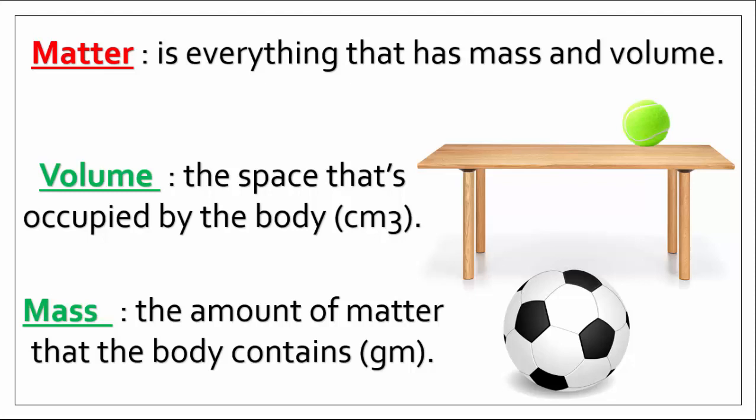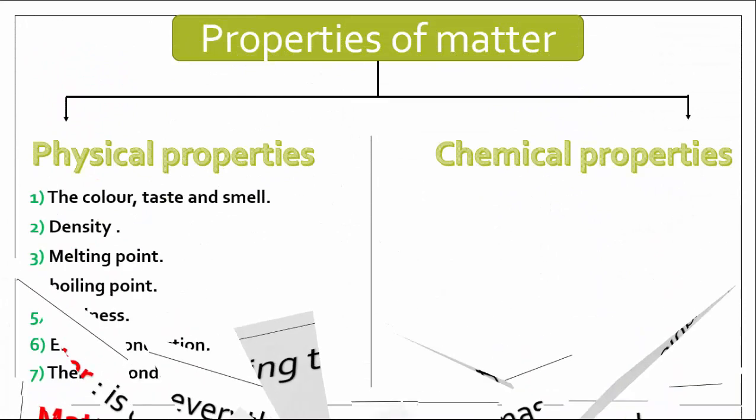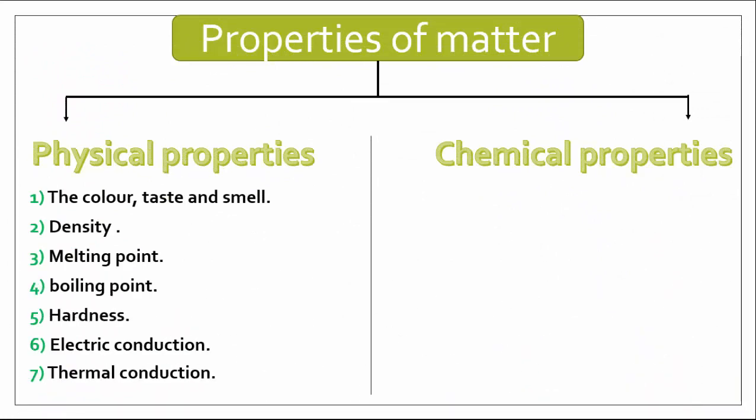Now let's study the properties of matter, or how can we differentiate between different matter. Look here with me. We have two ways by which we can differentiate between matter: physical properties and chemical properties.